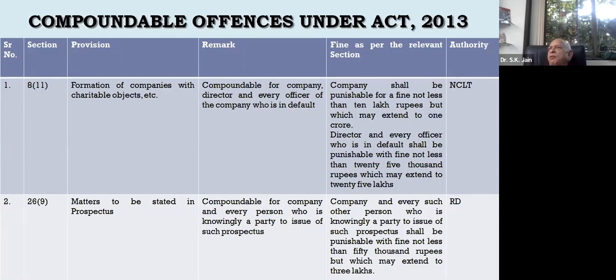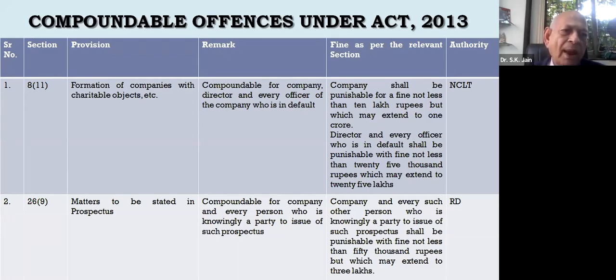And where the word fine has been replaced with penalty, then adjudication under section 454 will be applicable. So now we are dealing with offences which are punishable with fine or imprisonment or both under the Companies Act 2013, and you will find section wise in this chart.